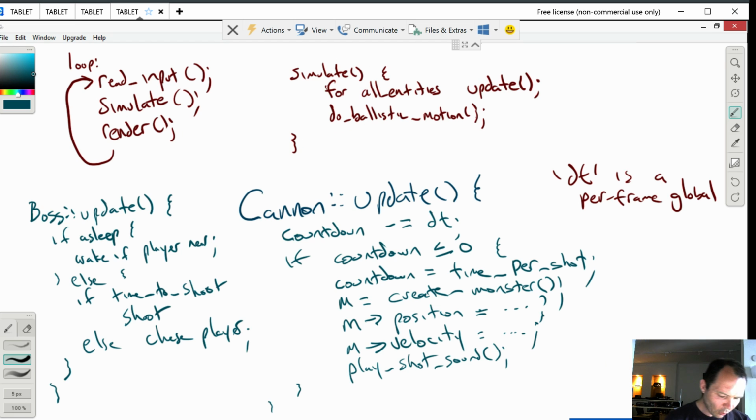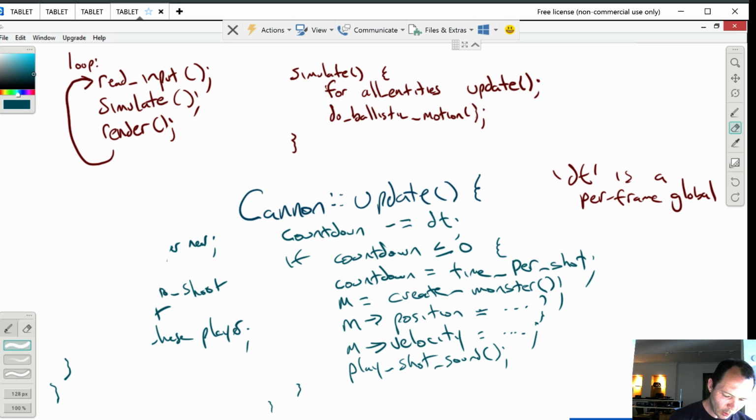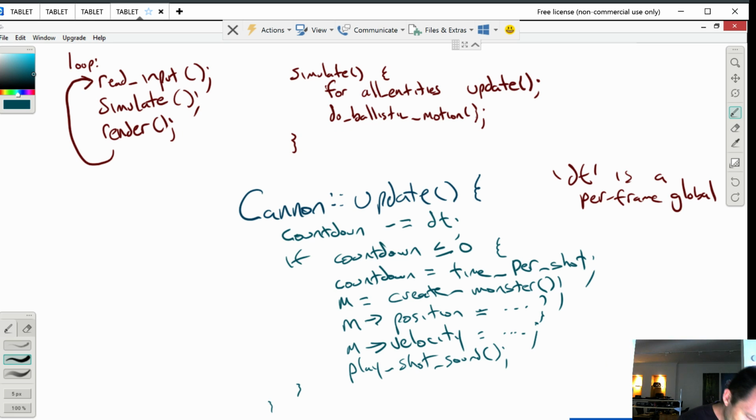We're just going to focus on the cannon update. I just did the boss one as an example. Hopefully my writing was remotely legible. Okay, in the cannon update, what are the mistakes? Because these will be instrumental in figuring out things later. Here's a mistake. Countdown equals time per shot.